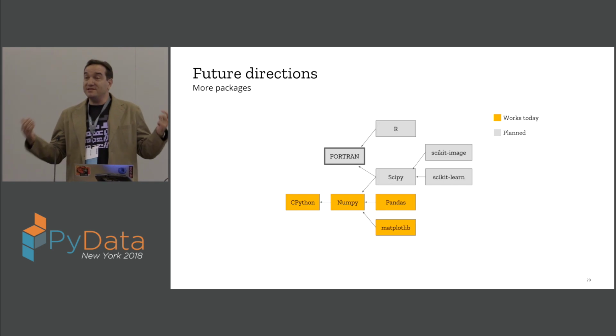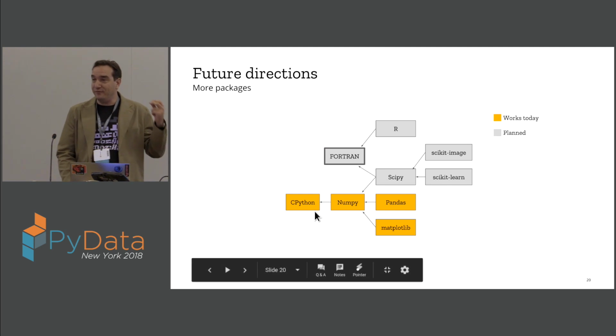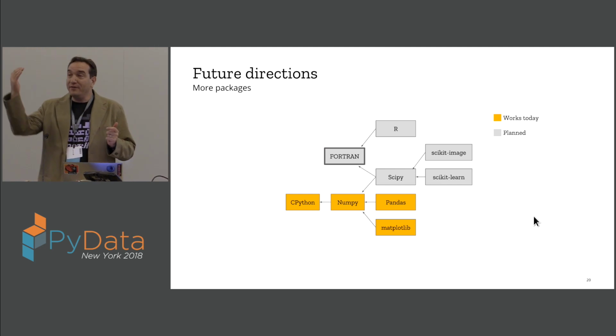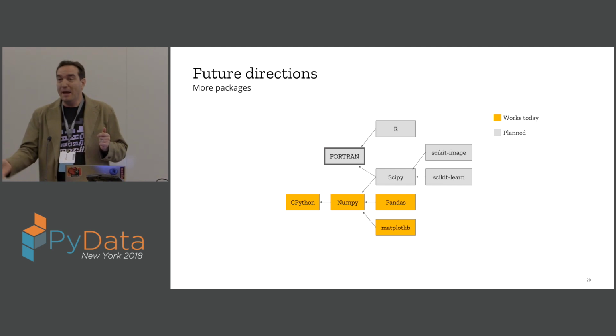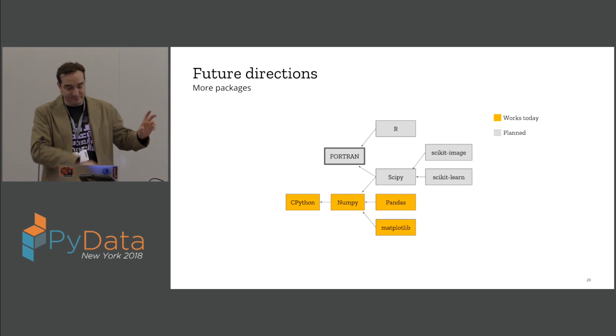So where do we want this to go in the immediate future? These are the packages we have. We have Python and NumPy and Pandas and Matplotlib. If you go down the list of the most popular scientific Python packages, the next on the list are really scikit-image and scikit-learn. But those both depend on SciPy, and SciPy depends on Fortran.